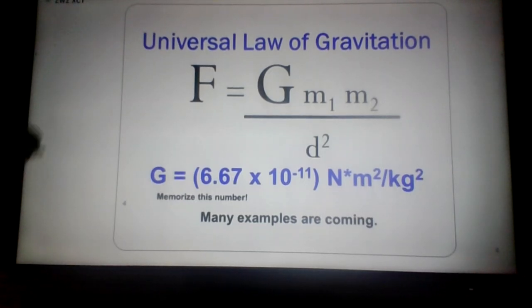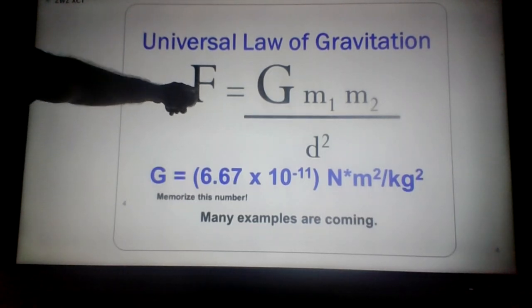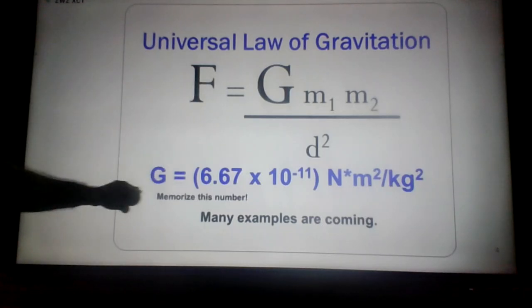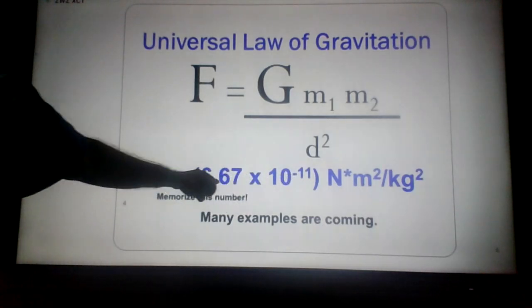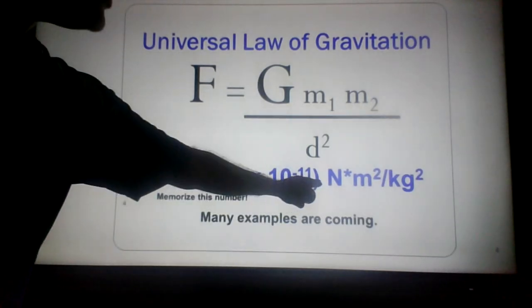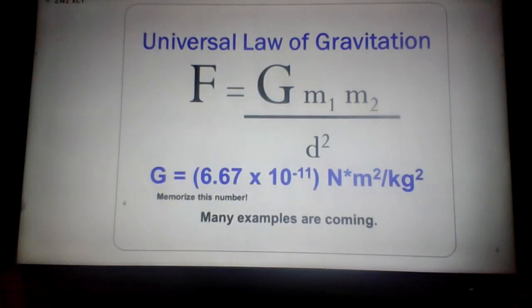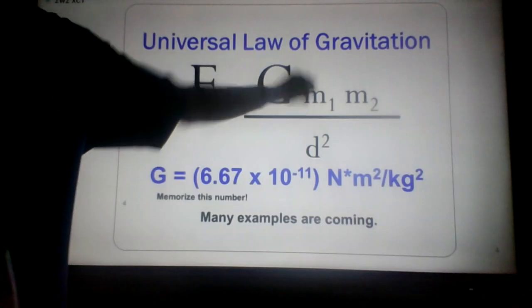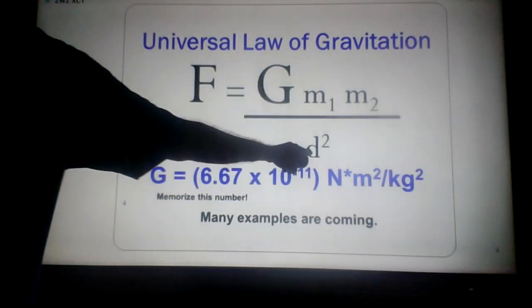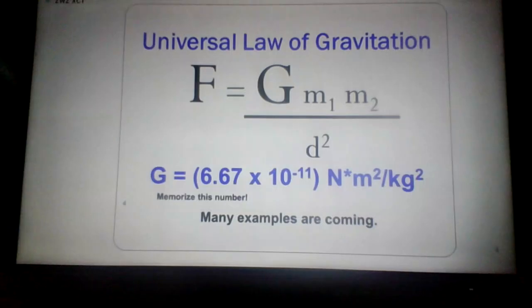What this means is the total force between any two objects is equal to the gravitational constant 6.67 times 10 to the negative 11th, the unit is Newton meter squared per kilogram squared, times the mass of the first object, times the mass of the second object, divided by the distance between the objects squared.